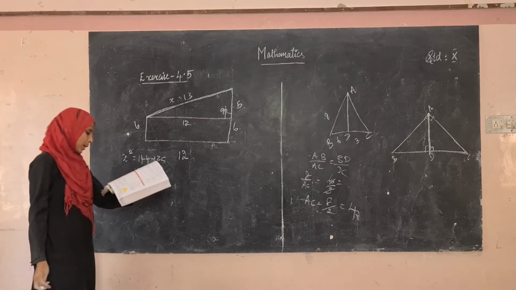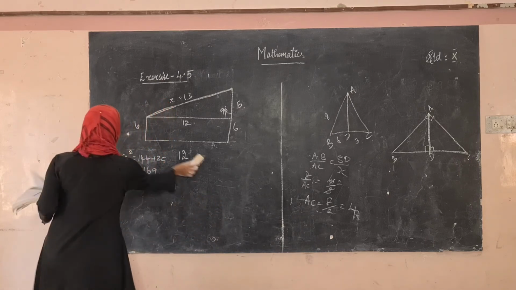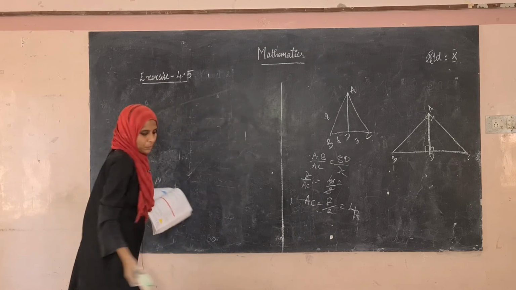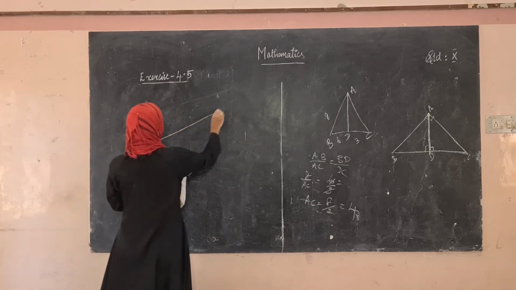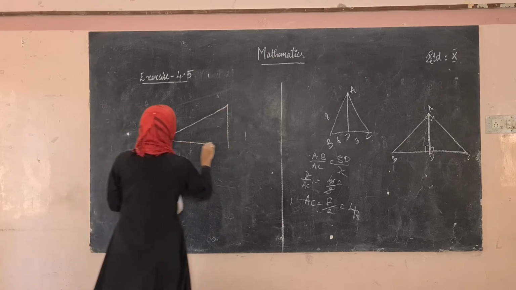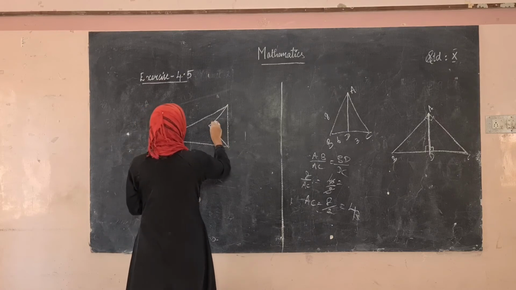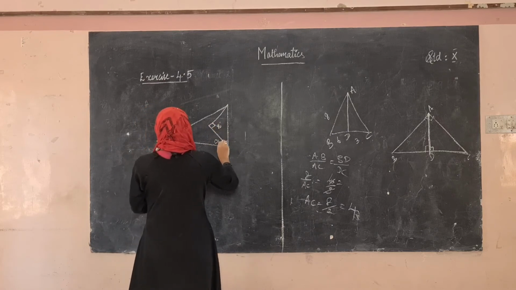The option is 1. In the given figure, see, what figure have they given? This is 90 degree and this is also 90 degree.